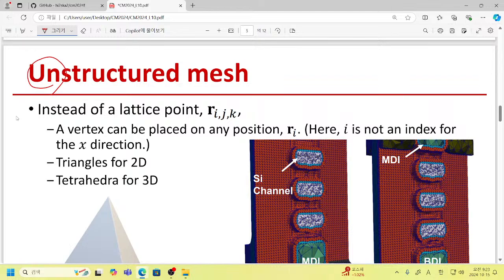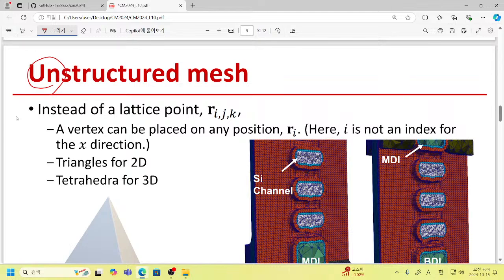You are free to introduce any point inside your system, so there is no rule. Although you don't have any rule, it is your responsibility to have a proper mesh structure.